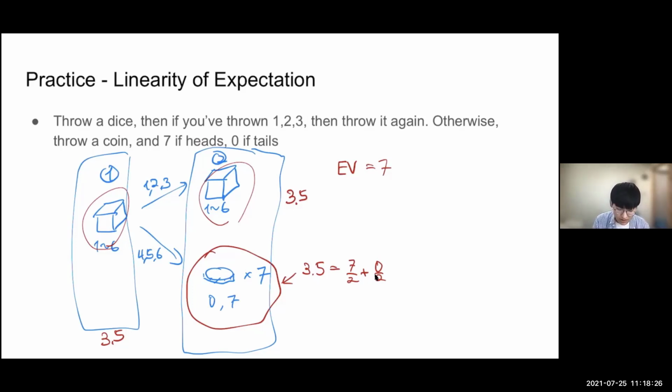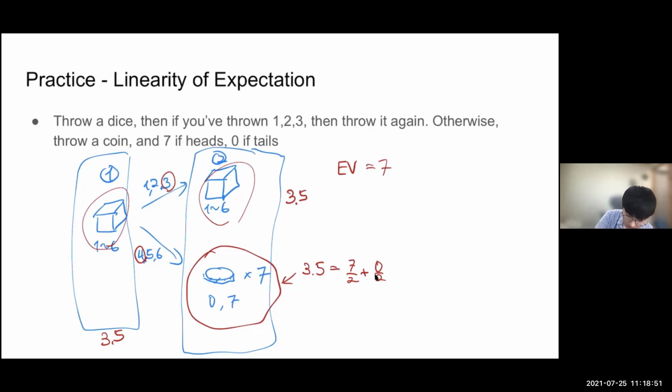The point here is that it doesn't really matter whether these two events are independent. Let's consider the two cases where you've thrown a 3 or where you've thrown a 4. Then the probability of you throwing a 7 on the second turn is different, right?